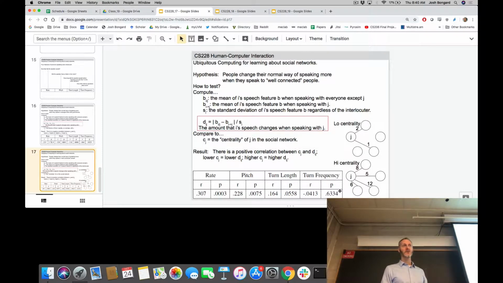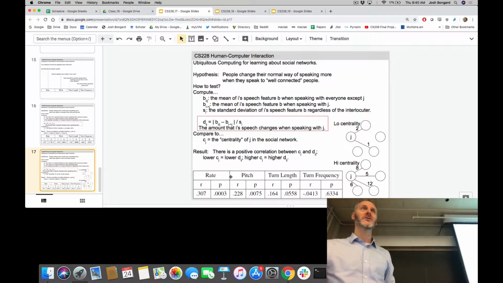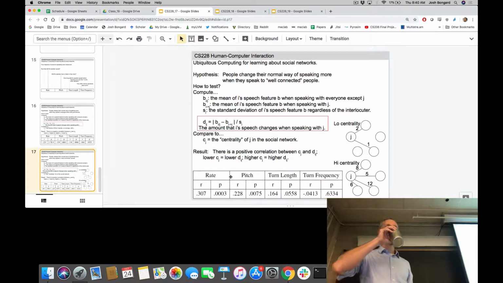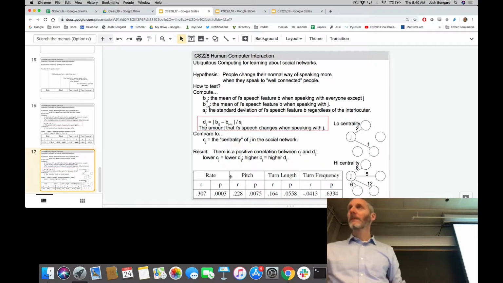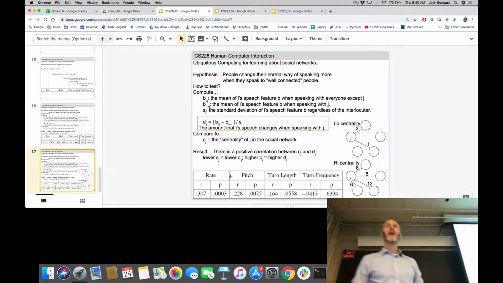Okay. What's the interpretation of that? What does it mean that C and D are positively correlated for rate and pitch? What does that tell you about the behavior of this group of graduate students? The rate must change whenever they talk to somebody who's high centrality.